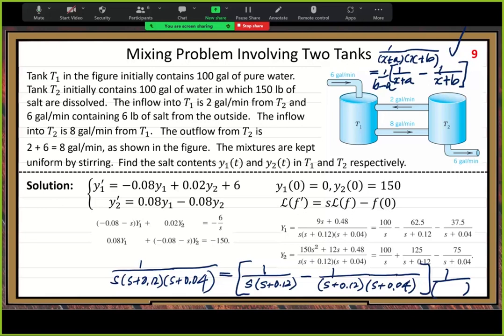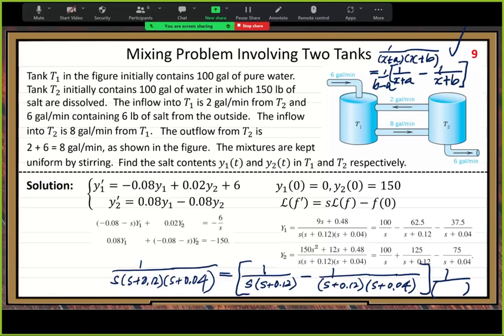Look at the common denominator. This factor is common, right? Numerator, you need to multiply S plus 0.04, right? Here, multiply S, right?